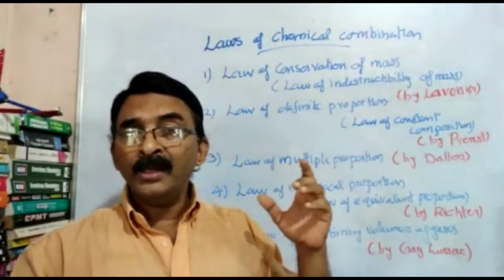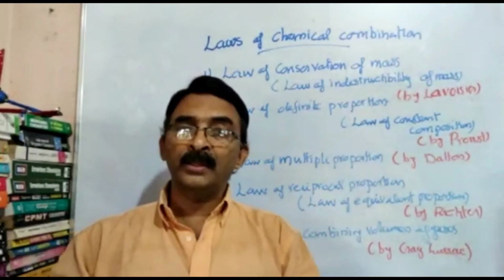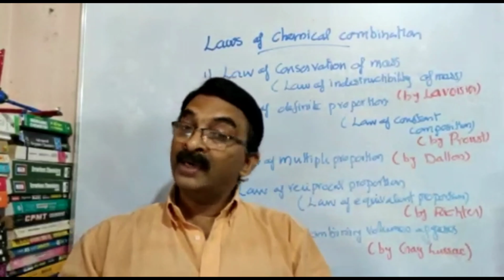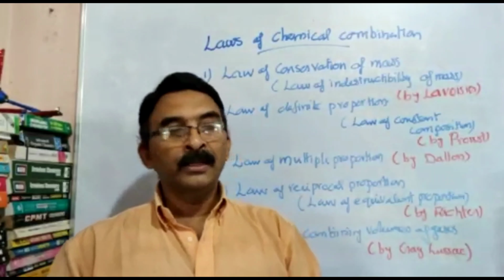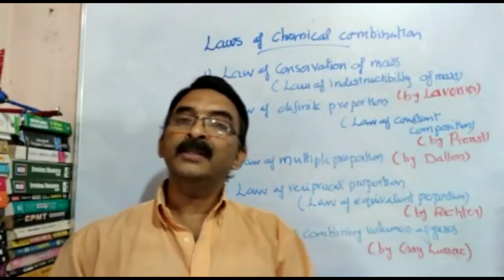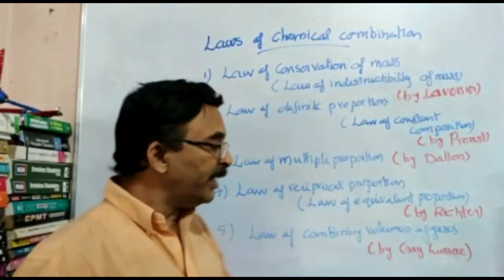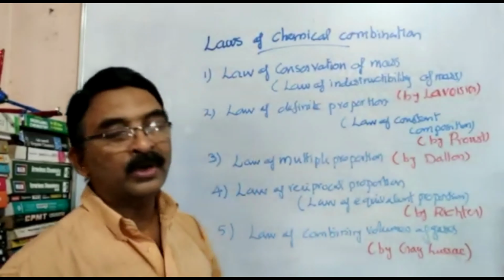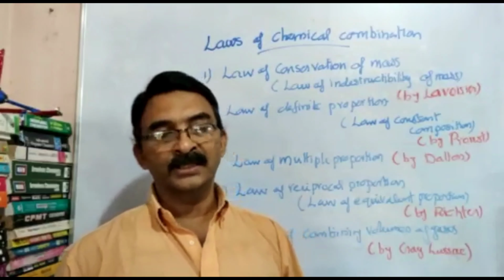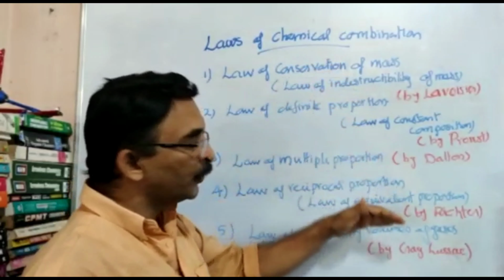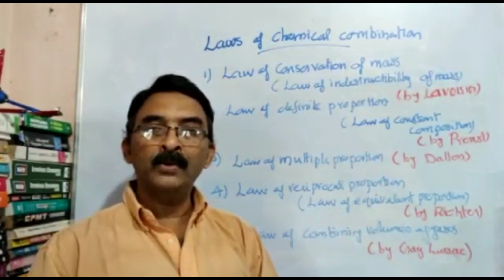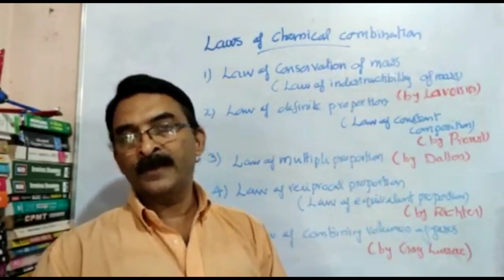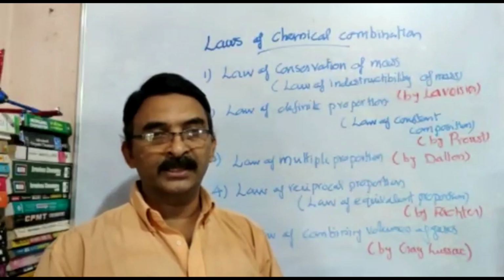So, even though at the time of introduction these laws were empirical, once Dalton introduced atomic theory, the first 4 laws could be given theoretical explanation. Why do we exclude the law of combining volumes of gases? A reason is there. Listen carefully, the first 4 laws can be applied to all the 3 states of matter: solid state, liquid state and gaseous state.